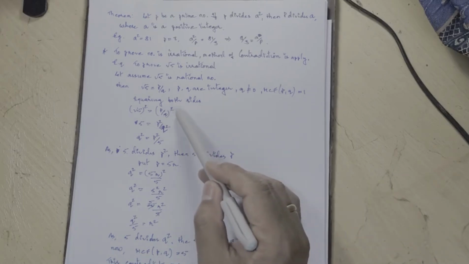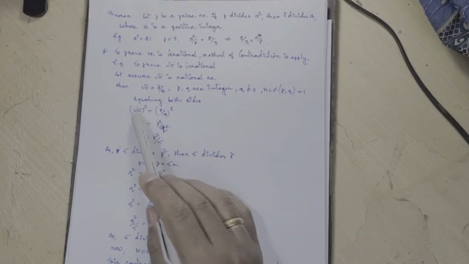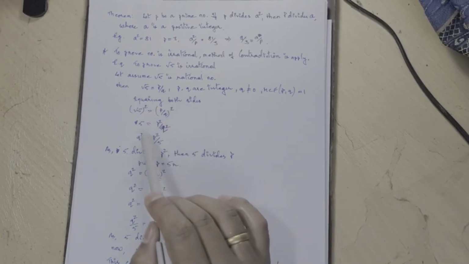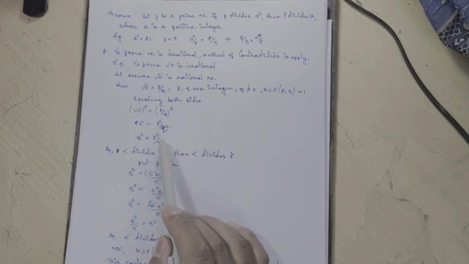Now we derive logically. Root 5 equals p by q; squaring both sides, we get 5 equals p square by q square. So q square equals p square by 5.